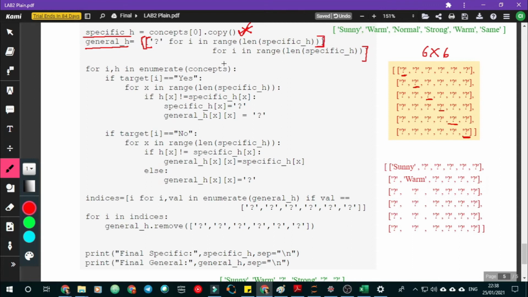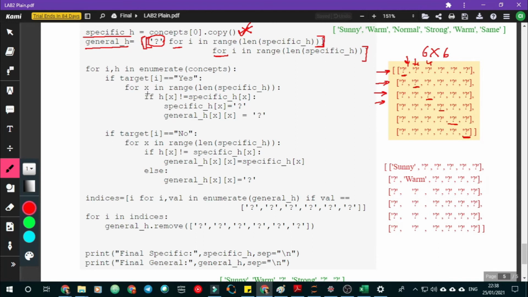This is one for loop, and this is the second for loop. This is for row wise, and that is for column wise. I hope you know this. And all the values in the list will be replaced with a question mark. This is my initialization of the general hypothesis. Till now we got to know that the specific hypothesis is single dimensional and the general hypothesis is two-dimensional, one for rows, one for columns, and the dimension is 6 cross 6.